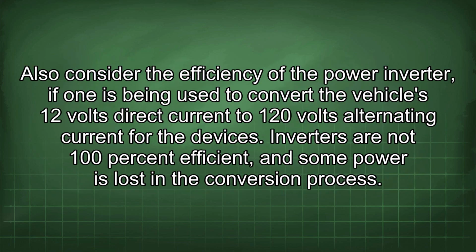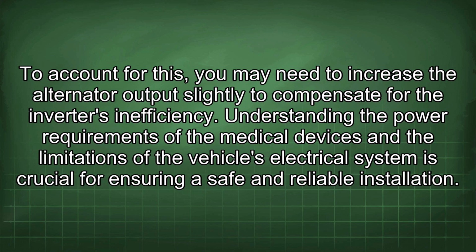Also consider the efficiency of the power inverter if one is being used to convert the vehicle's 12 volts direct current to 120 volts alternating current for the devices. Inverters are not 100% efficient, and some power is lost in the conversion process. To account for this, you may need to increase the alternator output slightly to compensate for the inverter's inefficiency.